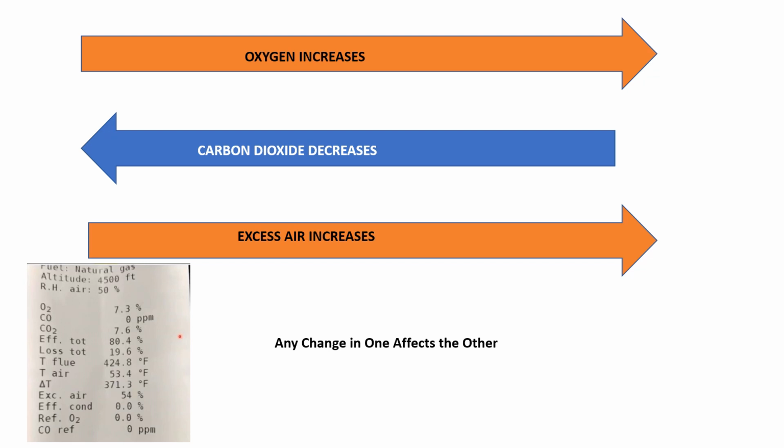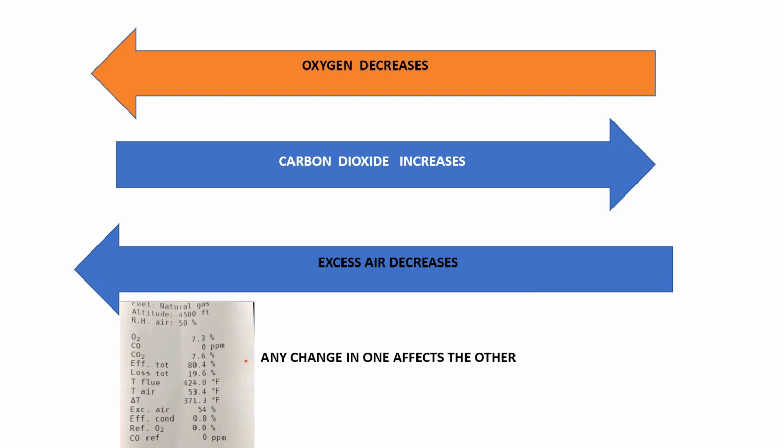As oxygen and excess air increases, carbon dioxide will decrease. So any change in one will affect the other. Vice versa, as oxygen decreases and excess air decreases, your carbon dioxide level will increase. So again, any change in one condition will affect the other.